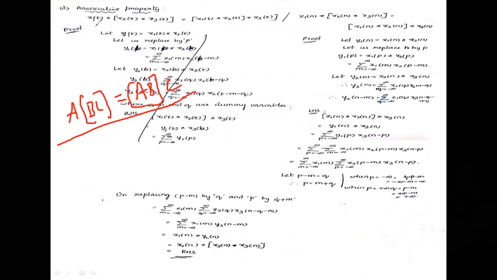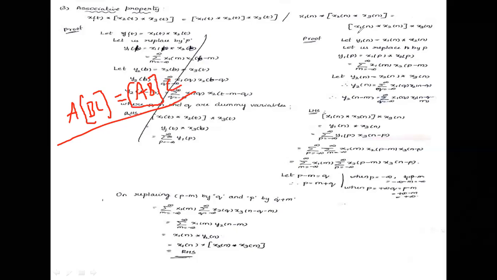Here also I take the statement x1 of t convolution with x2 of t and x3 of t is equal to x1 of t with the convolution of x2 of t and the convolution of x3 of t. I'm taking here in terms of n values, x1 of n with the convolution of x2 of n and the whole convolution with x3.